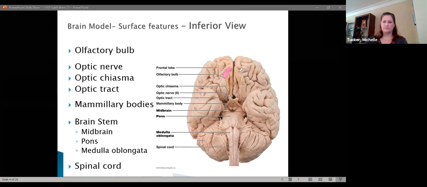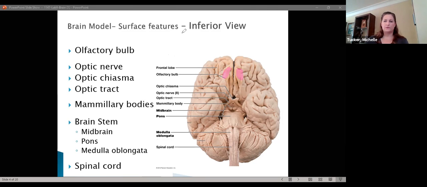This one is not as obvious, but it's here. And then they are connected to the olfactory nerves. And on a brain model, this would have a Roman numeral 1, because olfactory nerve is cranial nerve number 1. So the olfactory bulbs are very distinctive on the sheep brain dissection. You can also find them here on the model.